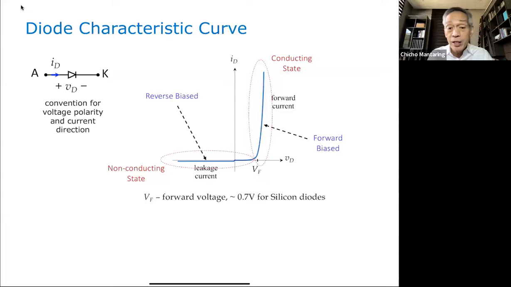And the value of this V sub F is approximately equal to 0.7 volts for silicon diodes. For other types of diodes, it will be different. For example, germanium, another type of diode, which was very popular in the early days of semiconductors, V sub F is about 0.2 volts. And there are still other types of diodes.